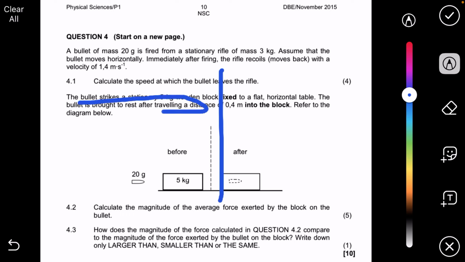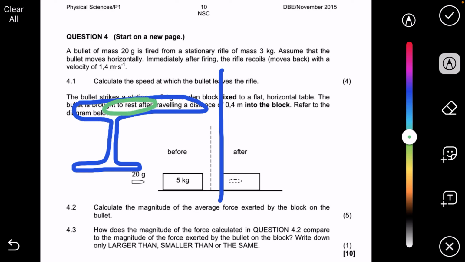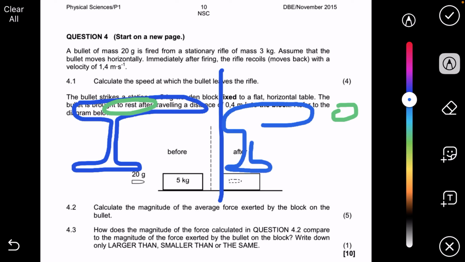Let me see where we've got that rifle with the bullet inside. Let me just use a different color. Now immediately after firing, we've got obviously the bullet, and again we've got a rifle. We've got that same rifle.